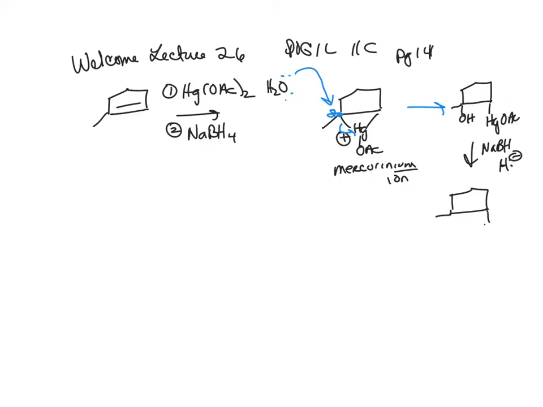So it will replace the mercury with a hydrogen, and then we have an OH here. Okay, but the reason why I bring this up again is this was a three-membered ring, and you see how it has the delta positive on the more substituted carbon, and this delivers the nucleophile to the more substituted carbon, which is called the Markovnikov addition product.